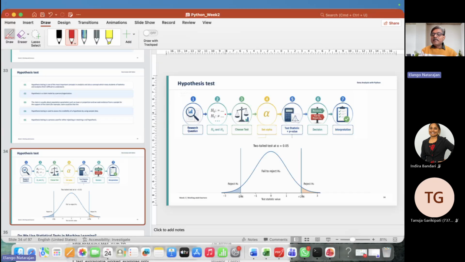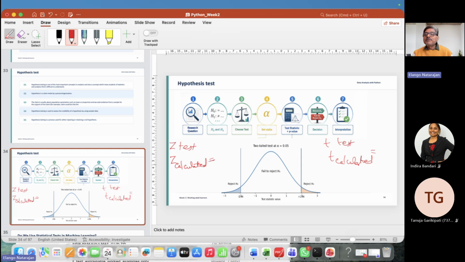For example, if you are working with a G-test, I'm just giving an example here, once the hypotheses are fixed, I will find out G calculated. If I am working with the t-test, I will calculate T calculated. So we have some formula to find T calculated.